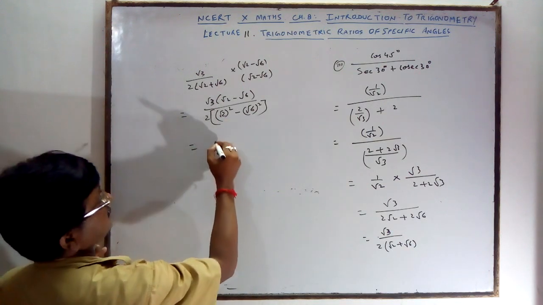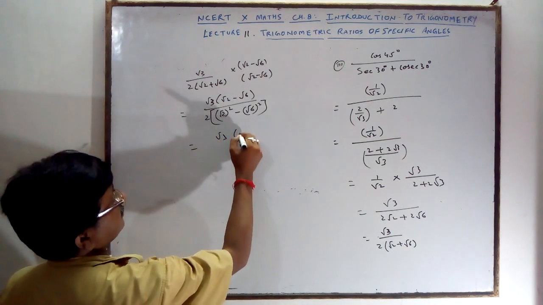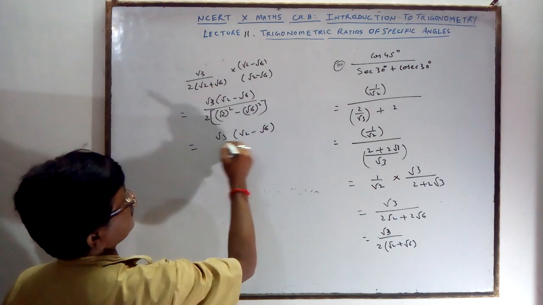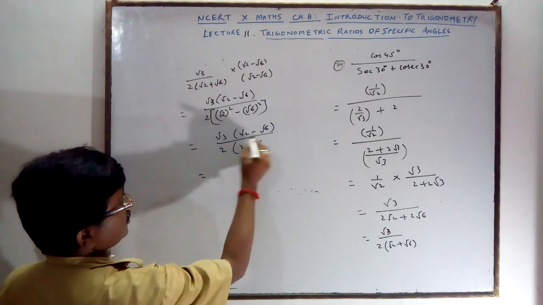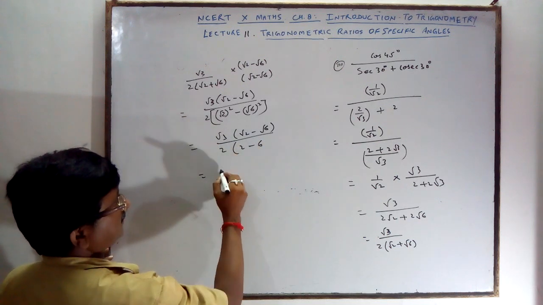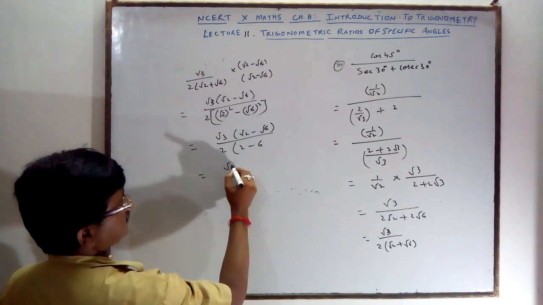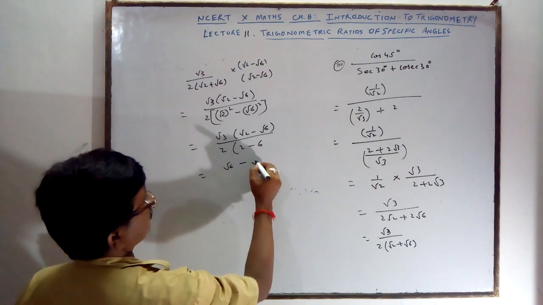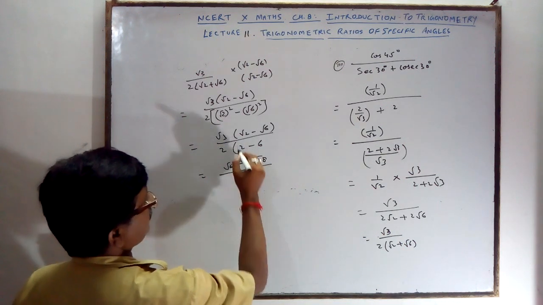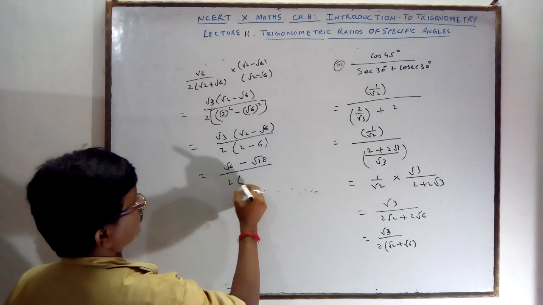So what is the answer here? Root 3 (root 2 minus root 6) upon 2 minus 6. Numerator you multiply: root 6 minus root 18 upon 2 into minus 4.